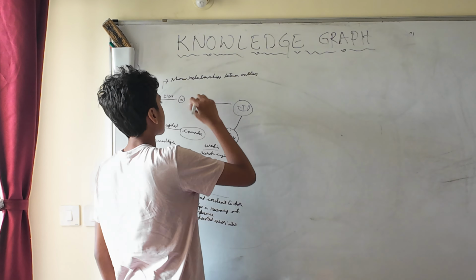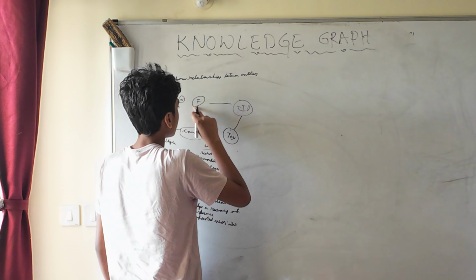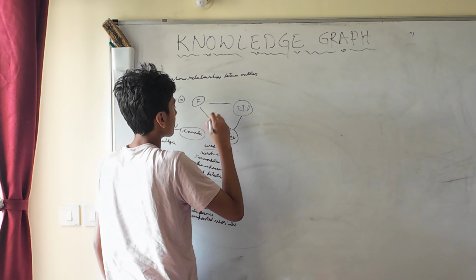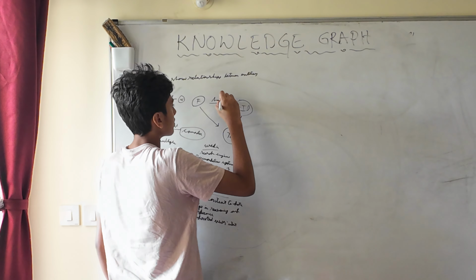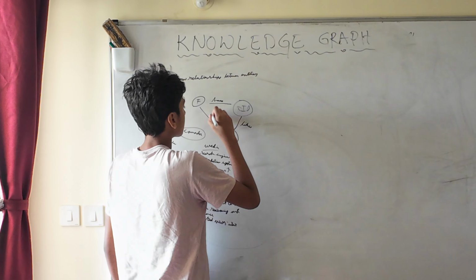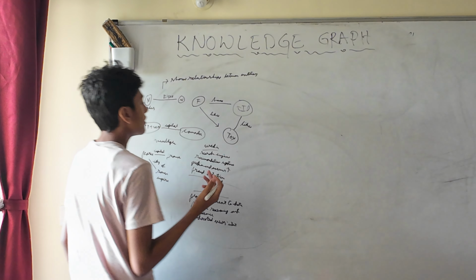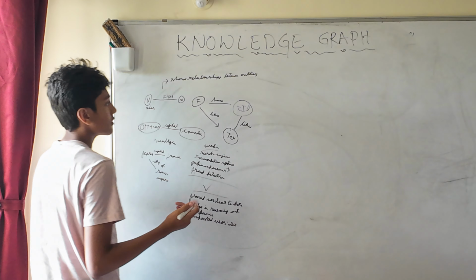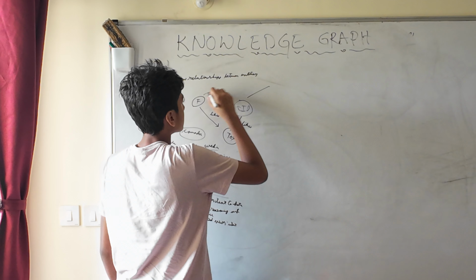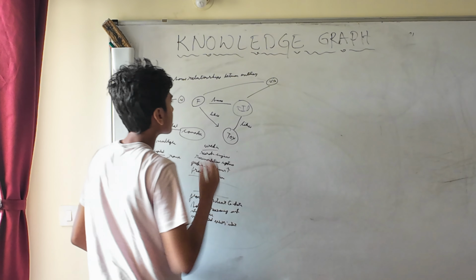I'm just going to write friend as F. And friends also like toys. So kid has friends, likes, for example. Another thing they might also like is video games, for example.